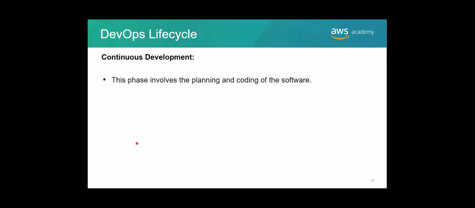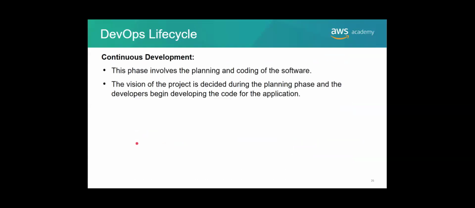Continuous development. This phase involves all your planning and coding of your software. Whatever software planning you're doing comes under development. Mainly the vision of the project is decided during the planning phase only. What is the vision of the project? I told you a few minutes back: the school's project. The school wants something unique. That's the planning phase.